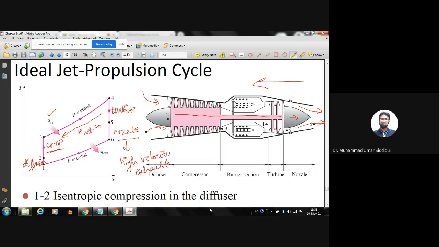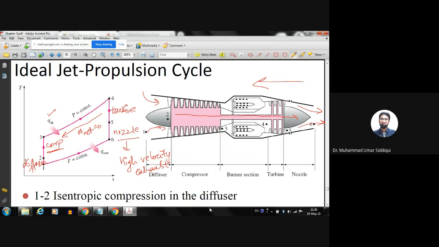Those gases pass through the turbine, which produces just enough work to run the compressor, and then all of it passes through the nozzle, where the nozzle converts almost all of the pressure energy to high velocity.